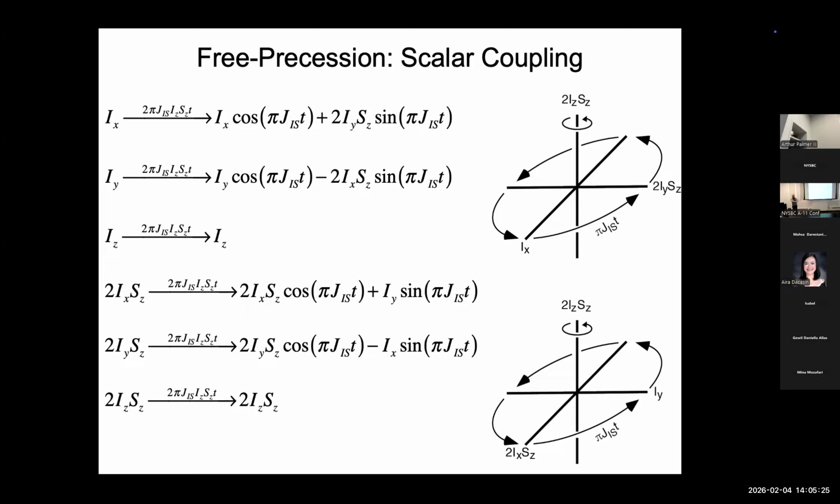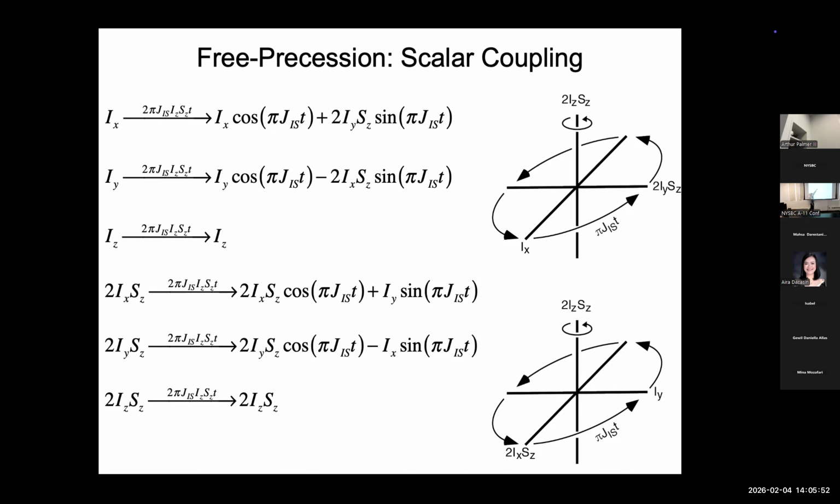And then when they evolve towards plus or minus Y, I'll end up with something that's IY S alpha minus IY S beta. And then S alpha minus S beta is proportional to SZ.